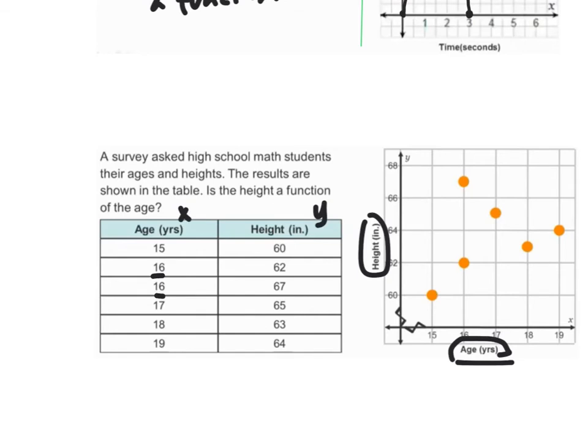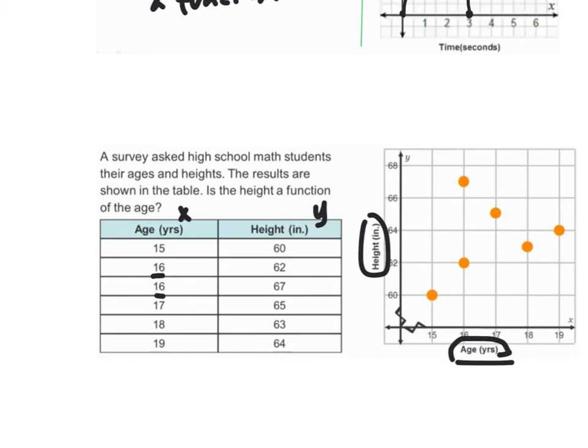And the other thing that I know is that you can have a sophomore in high school, someone that's 16, that's really tall, like 5'7", okay? Which is the same thing as 67 inches. So it's not uncommon to have a tall person that's young, okay? So height is not a function of age, okay? And that's because my x values repeat, okay?